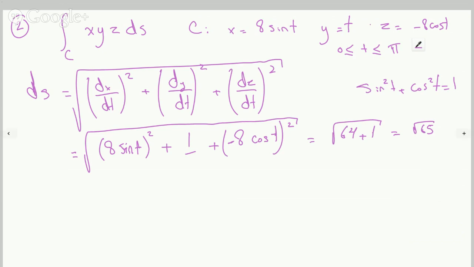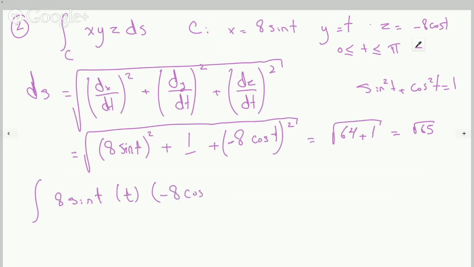So now this becomes: x is just 8 sine t, times t, times negative 8 cosine t.